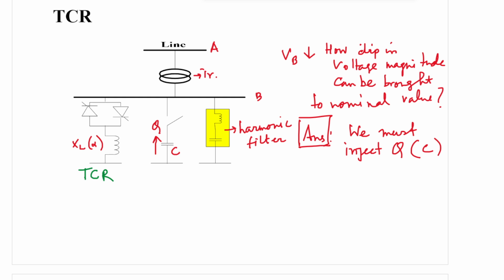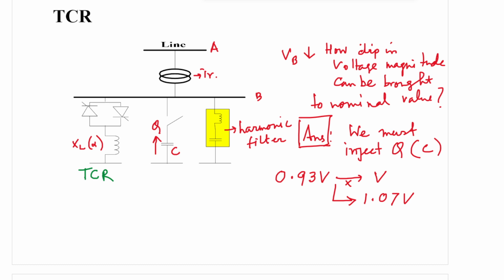I am giving you a rough example: the voltage was, let us say, 0.93 V. We are supposed to take this 0.93 V to only V, but by inclusion of that capacitor, this 0.93 V becomes, let us say, 1.07 V. That is the problem of this fixed capacitor, because this Q cannot be controlled.